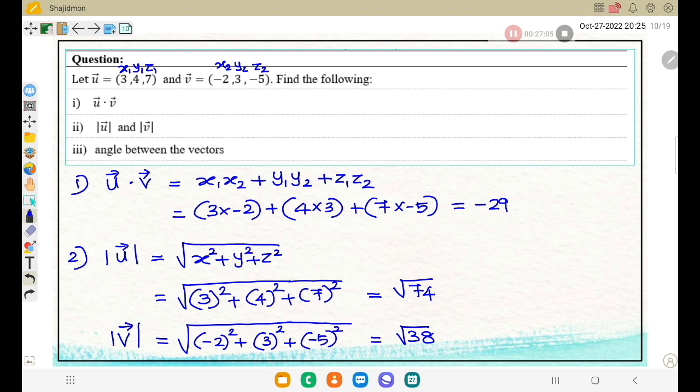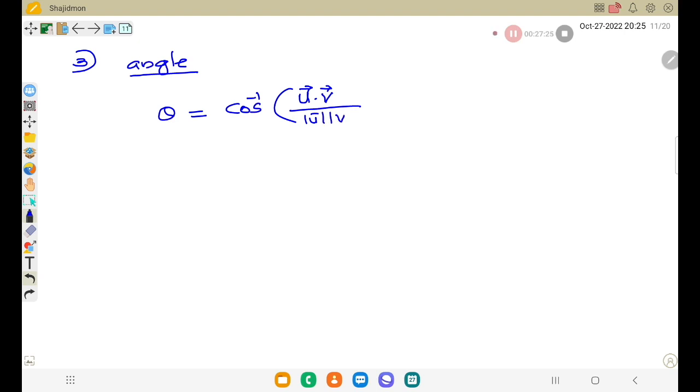Now the third part of the question, find the angle between the vectors. Angle between the vectors, we studied one rule: theta equal to cosine inverse of vector u dot vector v divided by absolute of vector u multiply absolute of vector v, correct?